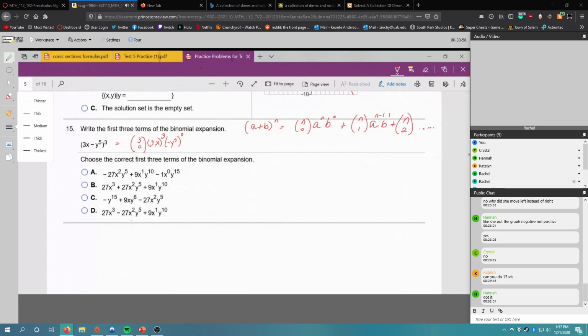Now I'm going to go to the next one. It's going to be 3 choose 1. 3x, go down 1, so that's going to be 2. And then negative y to the 5th, that's going to go up 1, so that's going to be to the 1st power.